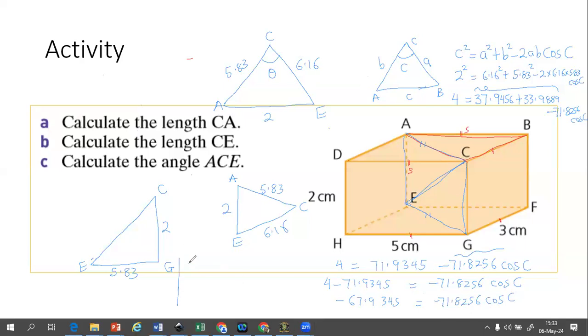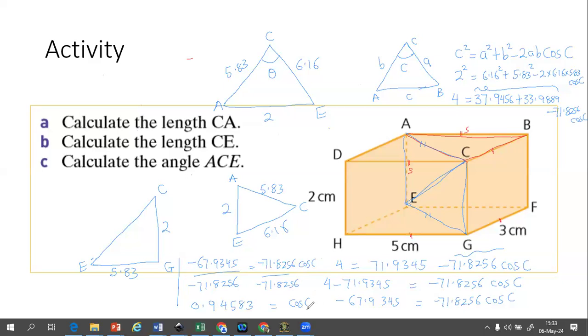So I'll have negative 67.9345 divided by negative 71.8256, is equal to negative 71.8256 cosine of C divided by negative 71.8256. So what do we get when we divide those two? 0.945827. That is equal to cosine of C.